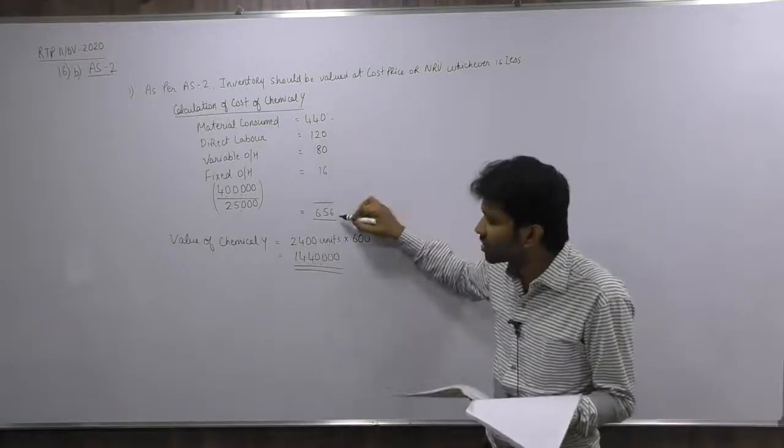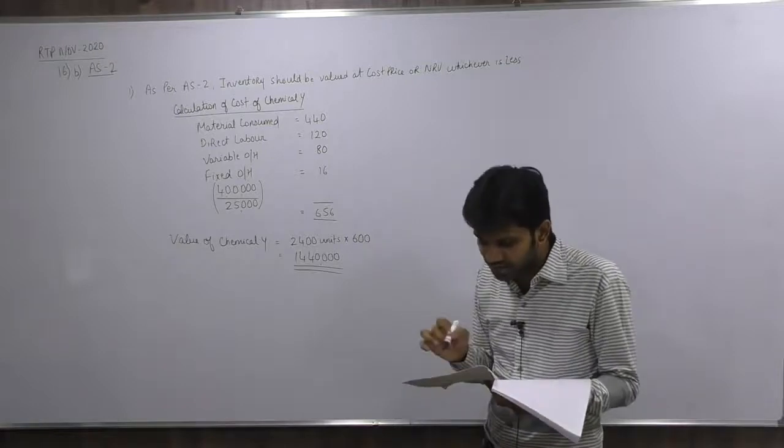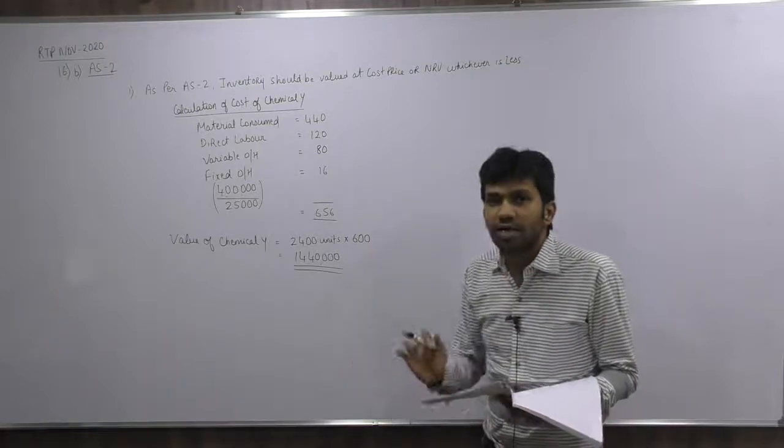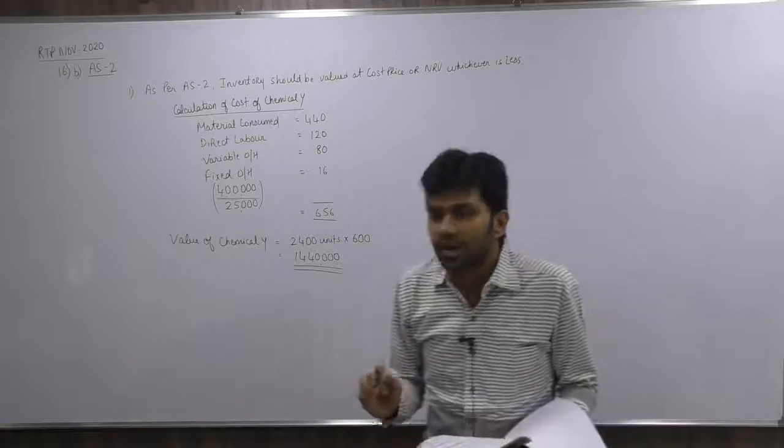The cost of the finished goods is 656 and what is the selling price, NRV 600. Can I say they are sold at below cost? Then the raw material should be valued at replacement cost.